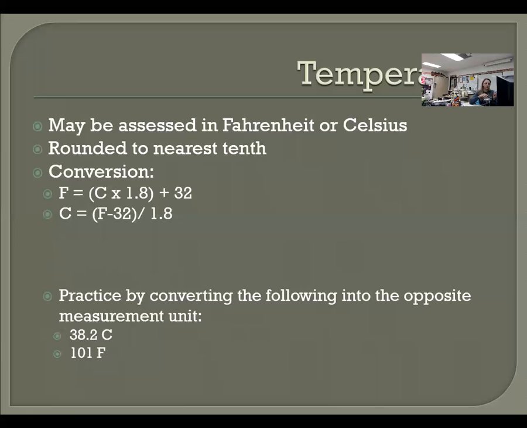So here's the conversion factor. If you have their temperature in Fahrenheit, you can change it over to Celsius using this bottom formula. You take their Fahrenheit minus 32 divided by 1.8. Or if you have their Celsius and you're trying to get it to Fahrenheit, you can use this formula. I do want you guys to practice real quick. You can just push pause on the video for a second if you want to, and convert these two that are down here at the bottom.